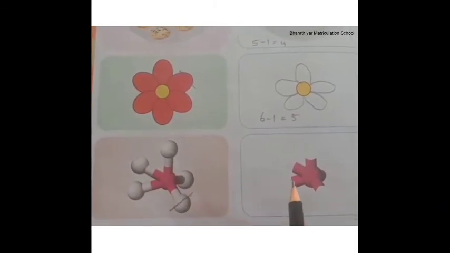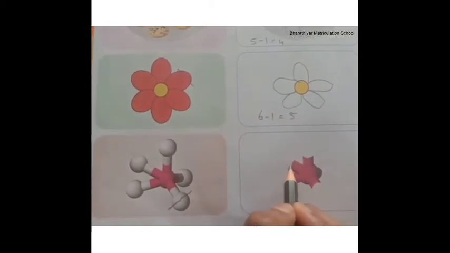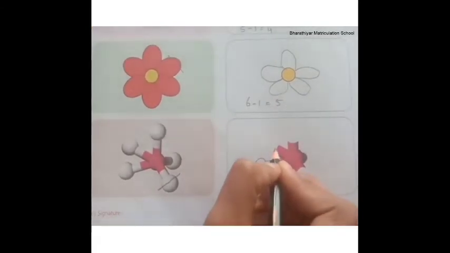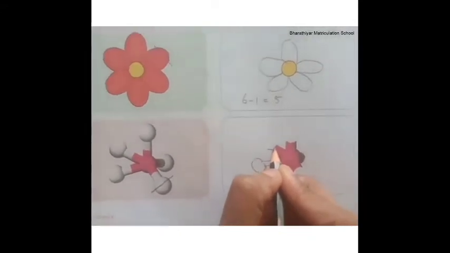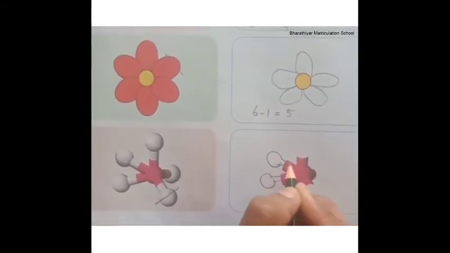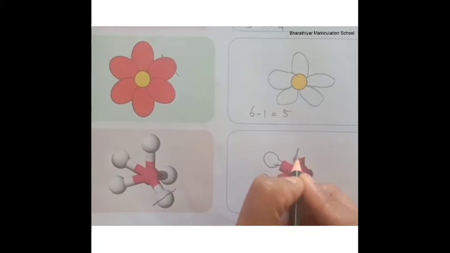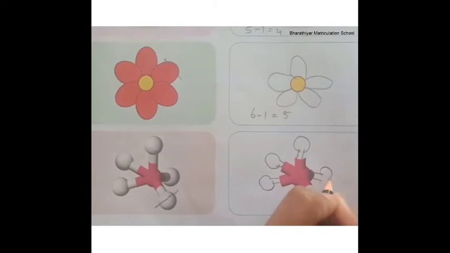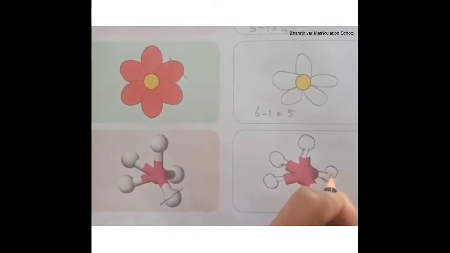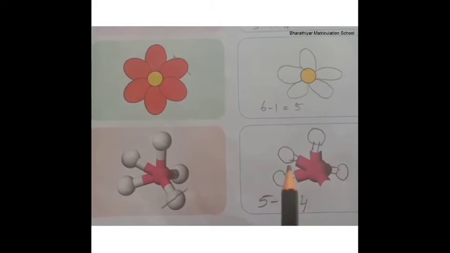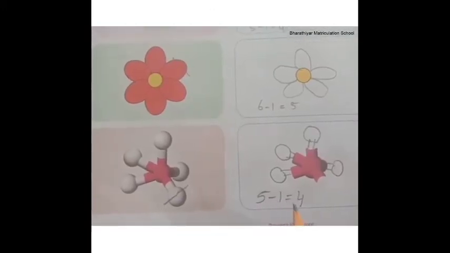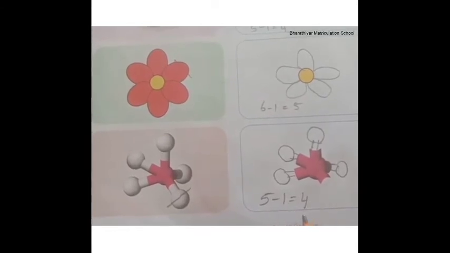Children, draw the 4 balls here. 1, 2, 3, 4. Children, 4 balls must be connected like this. Therefore, 5 minus 1 is equal to 4.